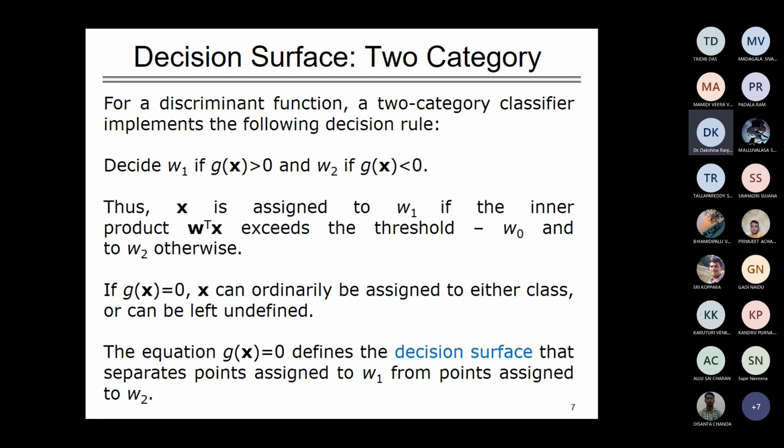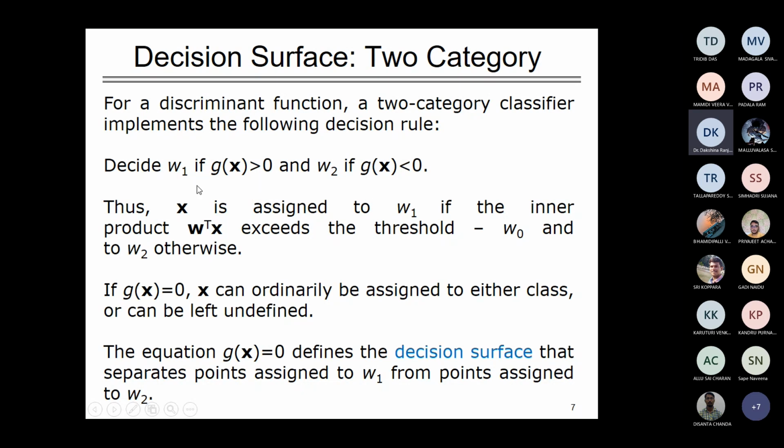If this dot product w transpose x exceeds the threshold minus w0, we assign the feature vector x to w1. Otherwise, we assign x to the w2 class. So this is for the positive and negative classes.